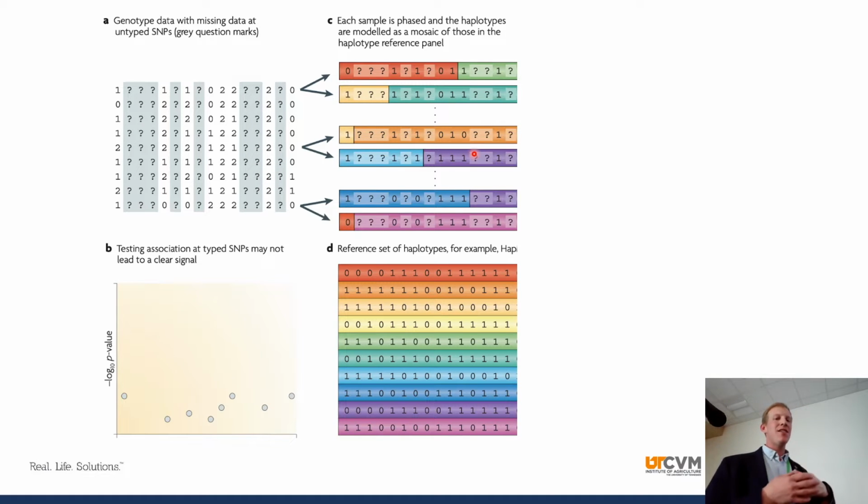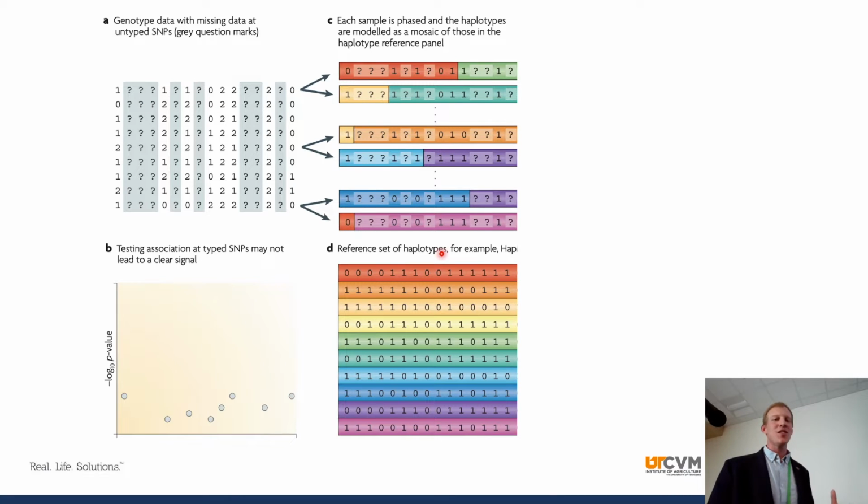And so the idea is that if we have a big set of reference haplotypes, so these are animals at a higher density than this original chip genotype, we can match up the haplotypes from this chip genotype, overlay it onto these haplotypes, and fill in the missing stuff that doesn't get typed on these chips or typed immediately by a low pass sequence.